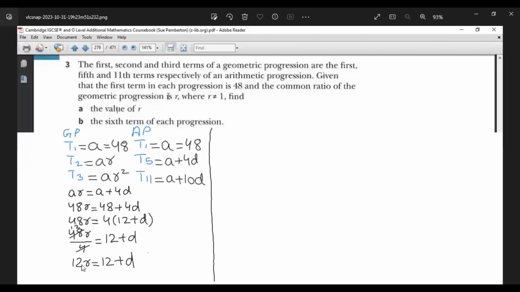So 12R minus 12 equals D. This whole thing which I have got will be my equation number 1. D equals 12R minus 12. This is going to be my equation number 1.